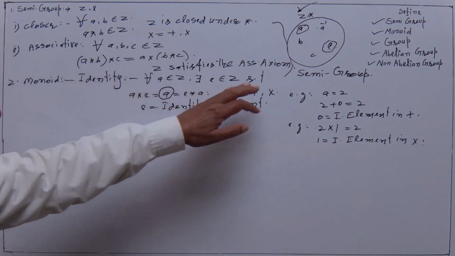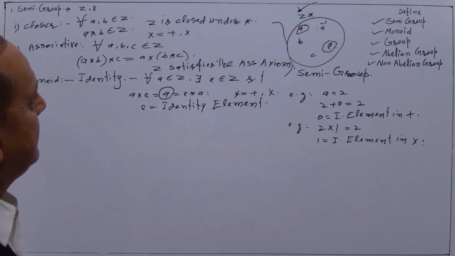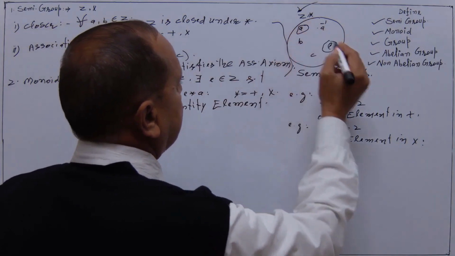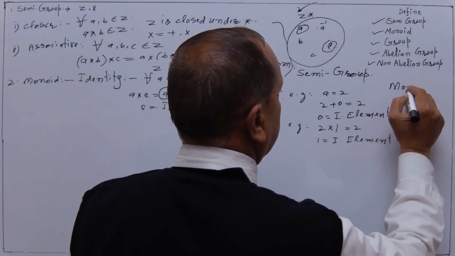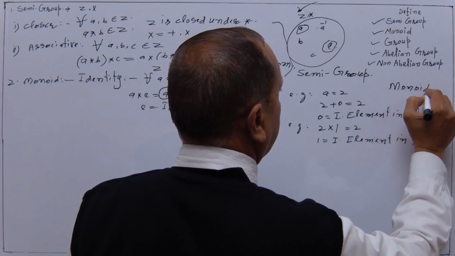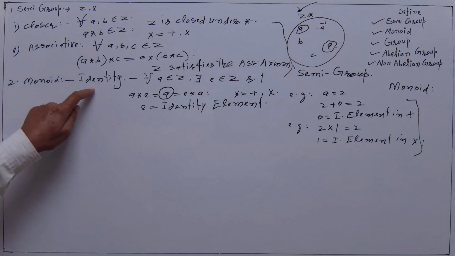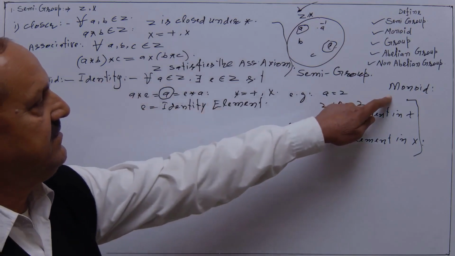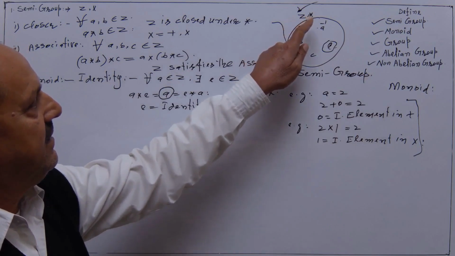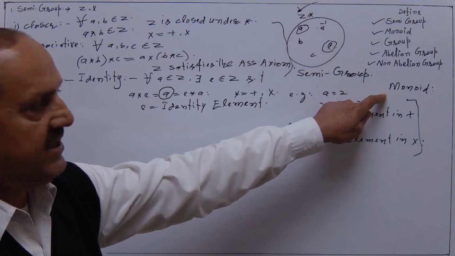So if these three axioms are satisfied, then the given set is called a monoid. Means closure, associative and identity axioms are satisfied, then the given set Z with star is called a monoid.